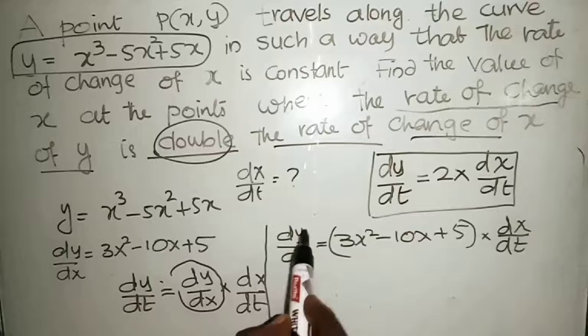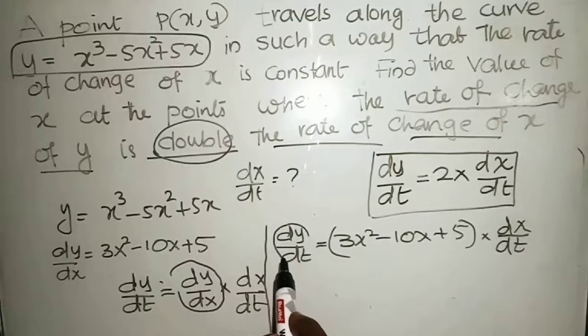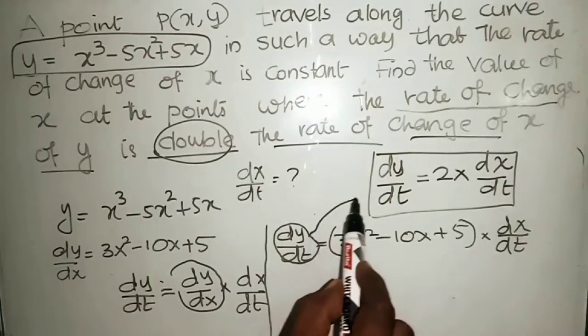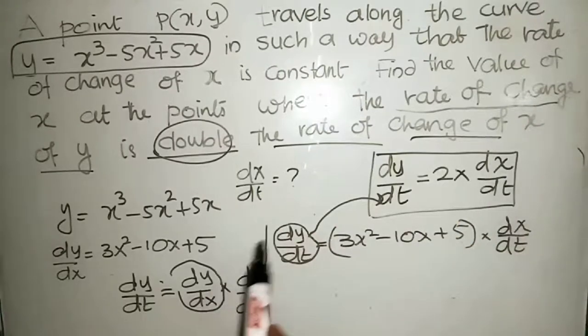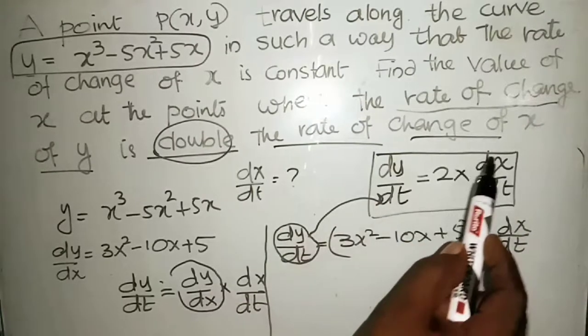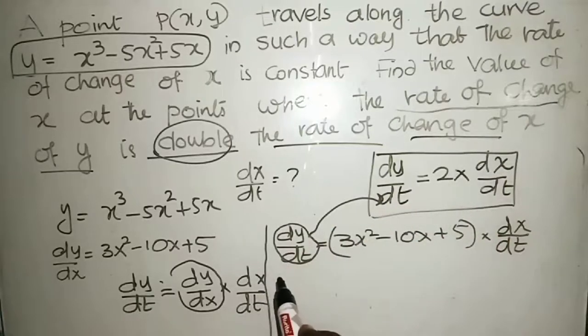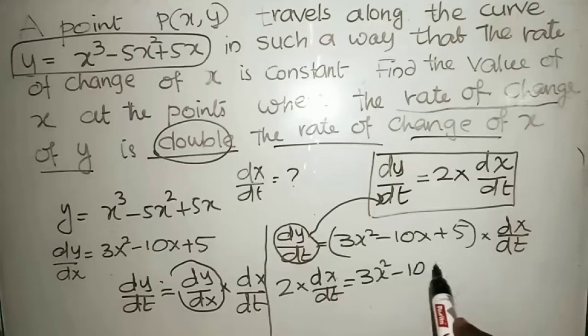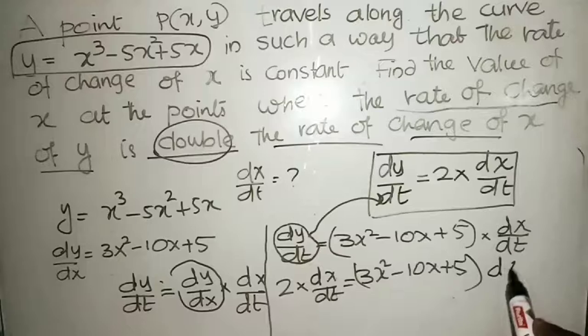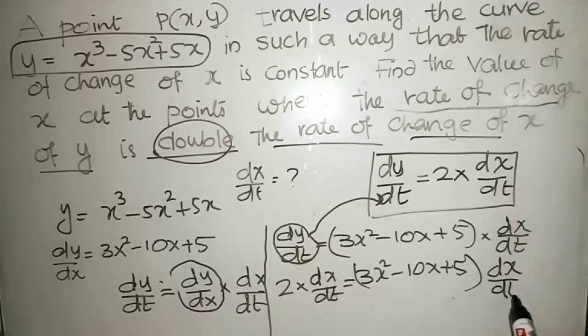But we know this dy by dt as 2 times dx by dt. So what is dy by dt? It is 2 times dx by dt. So dy by dt can be mentioned as 2 times dx by dt, which is equal to 3x square minus 10x plus 5 into dx by dt.